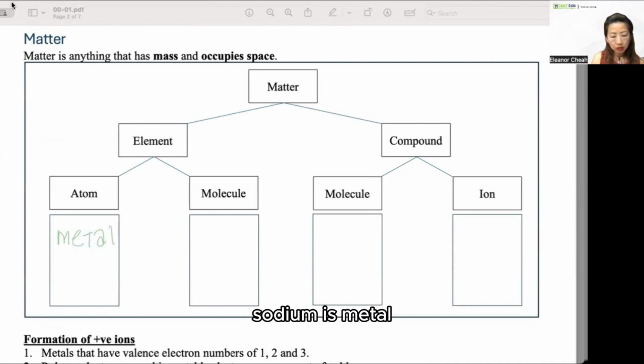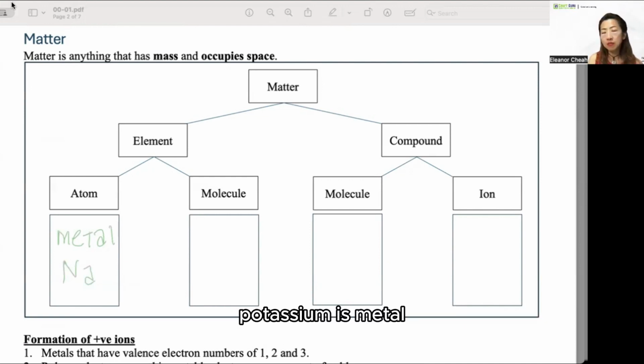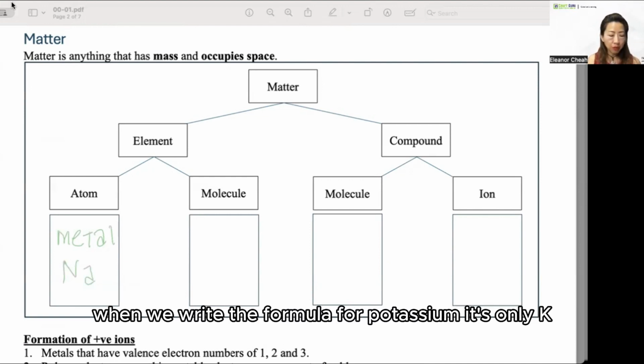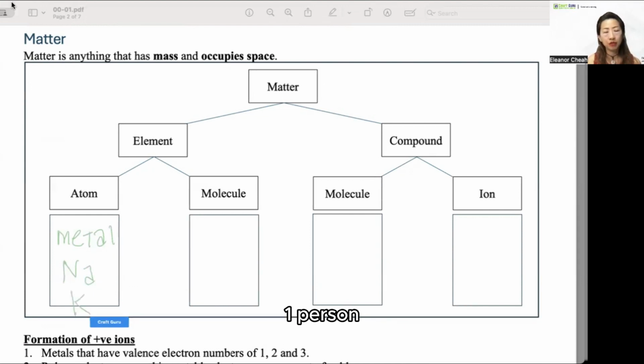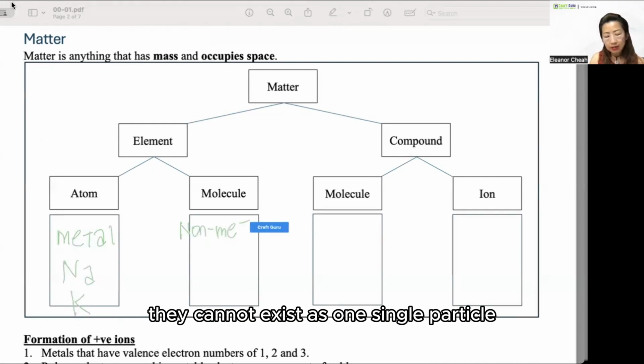Sodium is metal. When we write the formula for sodium, we just write Na. Potassium is metal. When we write the formula for potassium, it's only K. Molecules normally are non-metal. They cannot exist as one single particle.